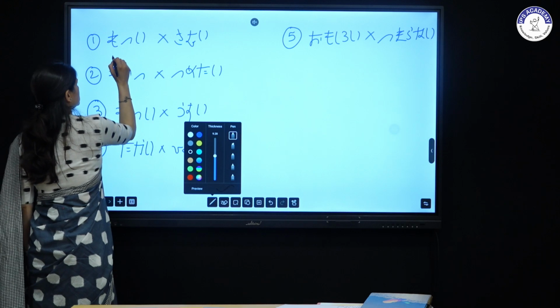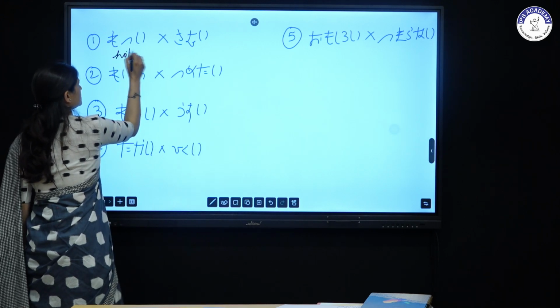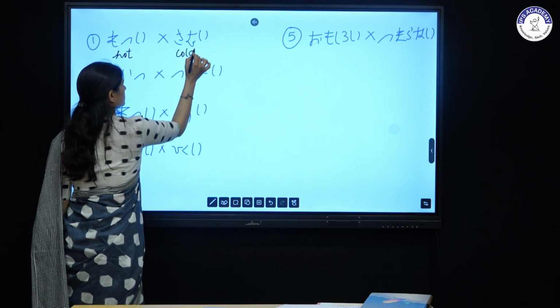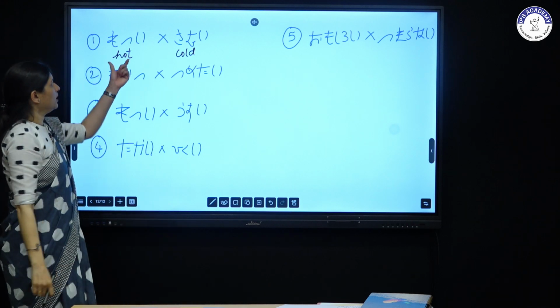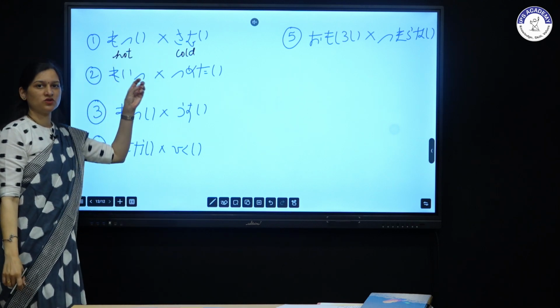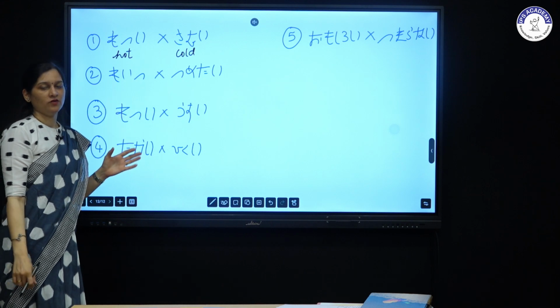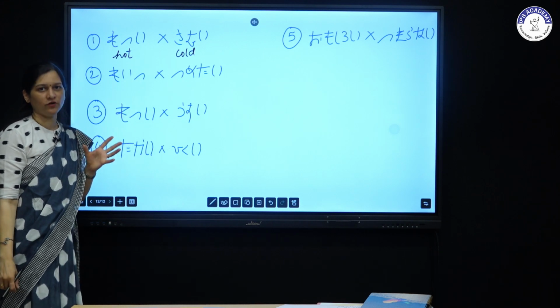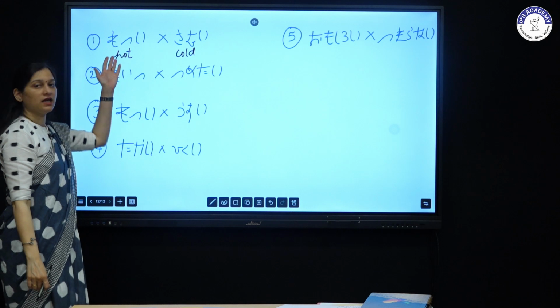So atsui is hot and samui is cold. See, samui, cold, is used with reference to weather. When the weather is cold, I'll use samui for it. And hot is atsui.